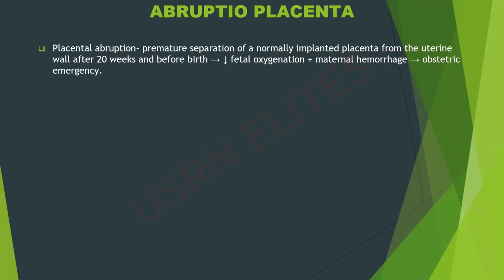So that is one thing. The McRoberts maneuver is the position. You put the patient in the McRoberts position, and then you apply suprapubic pressure. So if you see that there's shoulder dystocia, that's the first thing to do, not to prepare the patient for surgery.